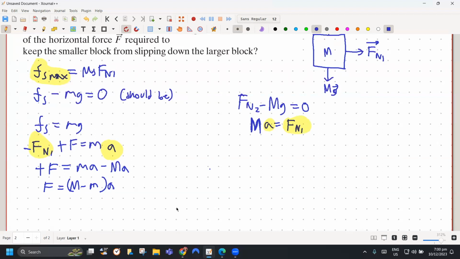Burahin mo lahat sila. Tapos work out mo ulit. So, yung big M times A equals Fn1, negative Fn1 plus big F equals small MA. Tama na yan. Everything below that, fix that. So, burahin mo muna.